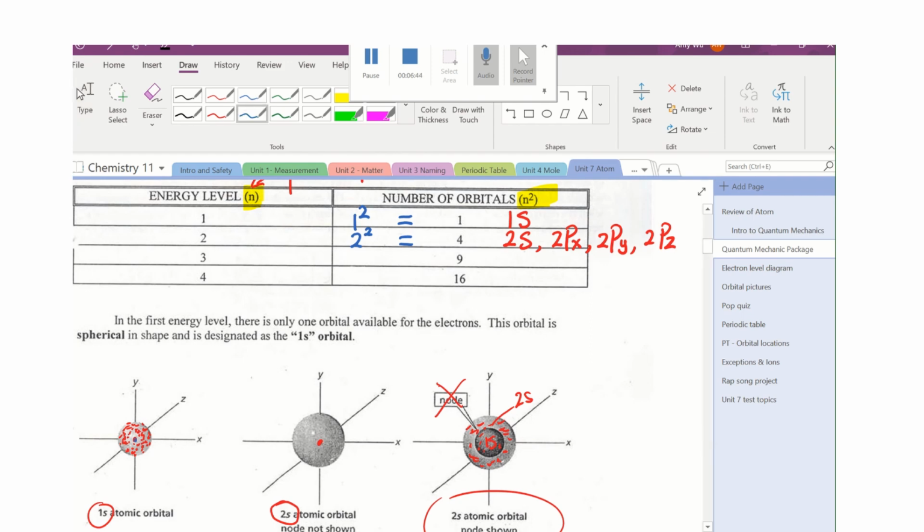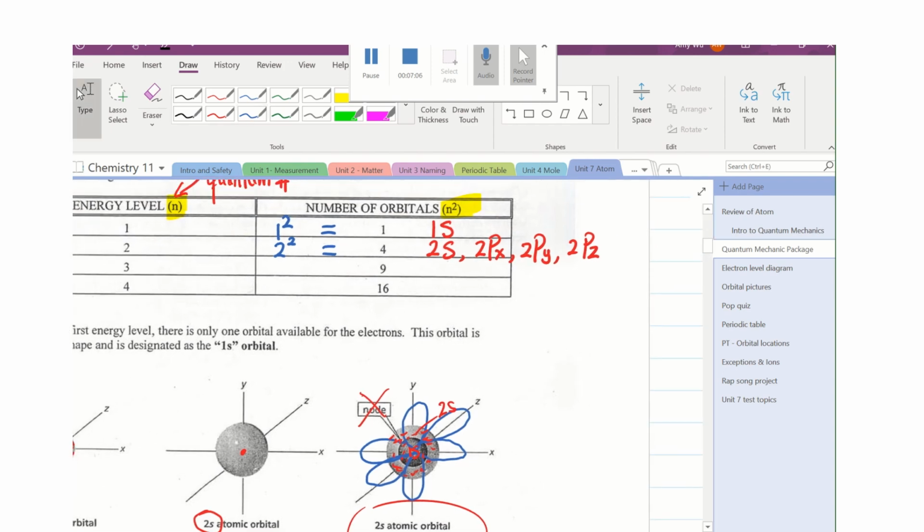For example, the px would be a double lobe right here, and the pz would be added here, and the z axis is right here. It looks very nice, like a little flower. So on this picture we have the 1s orbital, the 2s orbital, and the 2px, 2py, 2pz orbitals all on this atom.